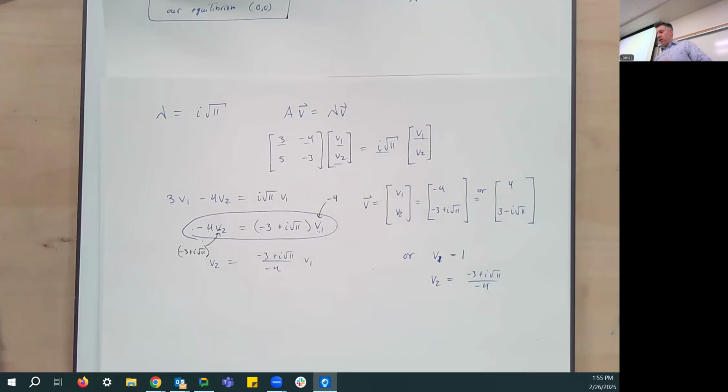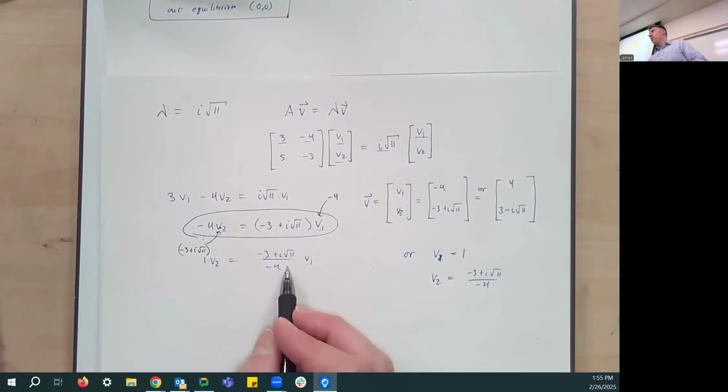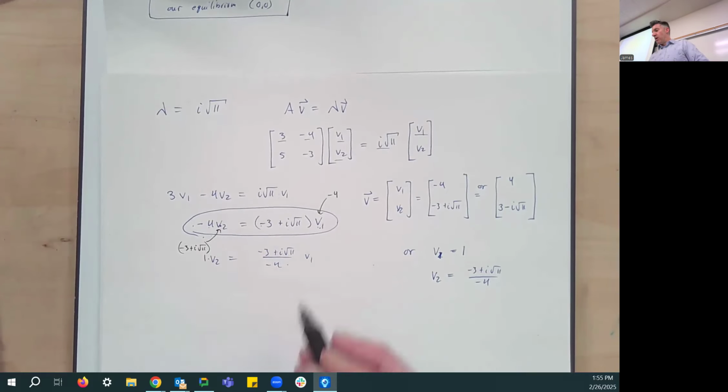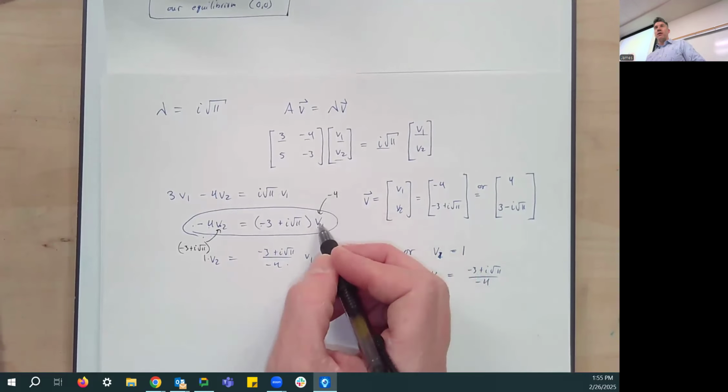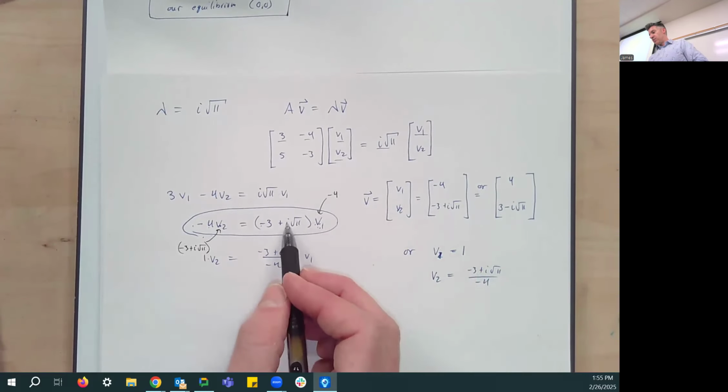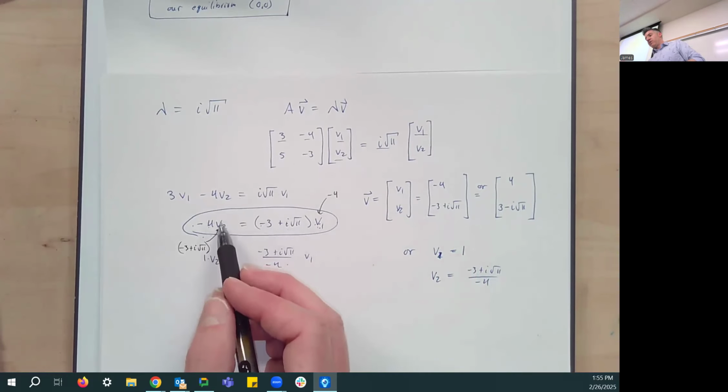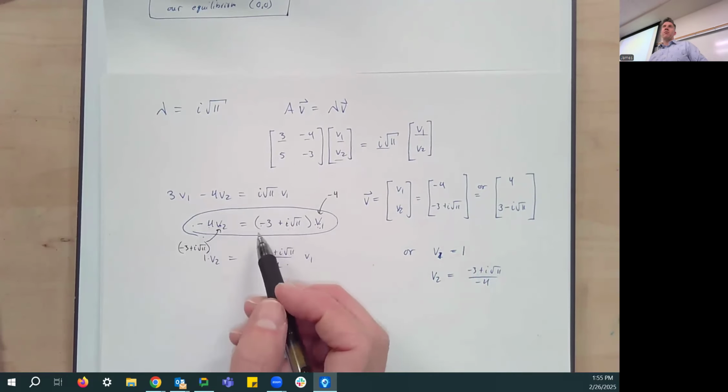He's kind of doing that over here too. He's saying, cool, pick v1 equal to the coefficient of v2, which is 1, and pick v2 equal to the coefficient of v1. Or if you prefer, you can say I'm substituting in -4 for v1, and then -4 times this has to equal -4 times v2, so v2 has to be the -3 plus i root 11.